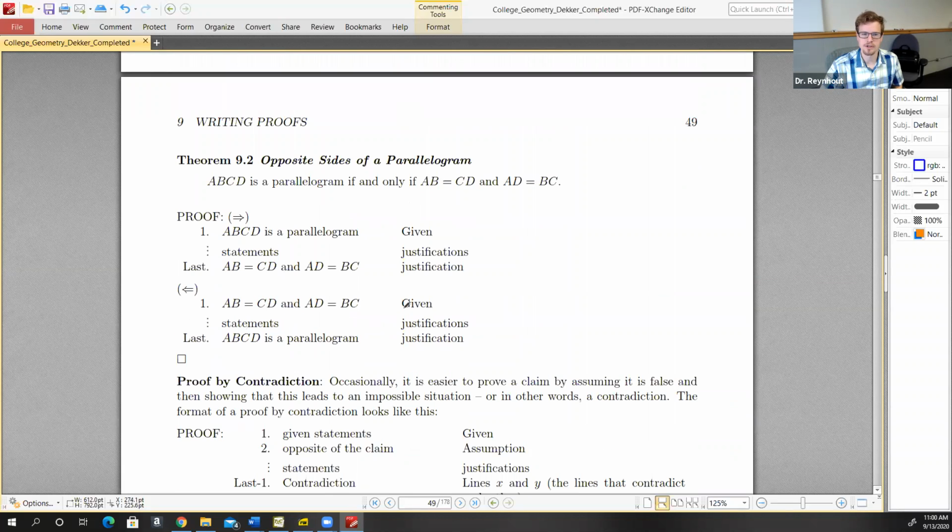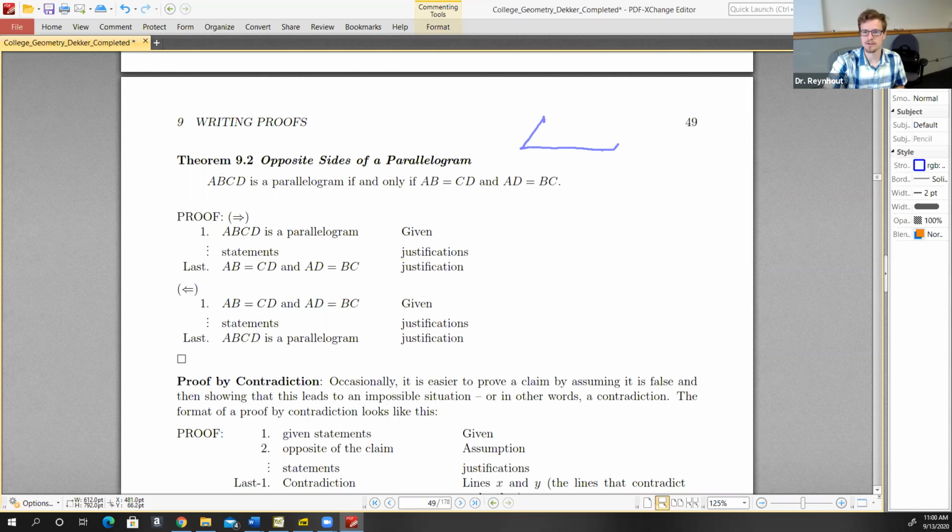To take a look at that a little bit more specifically, here's a theorem about the opposite sides of a parallelogram. We want to say that they're congruent, so that the side lengths are the same. ABCD is a parallelogram if and only if AB is equal to CD and AD is equal to BC.